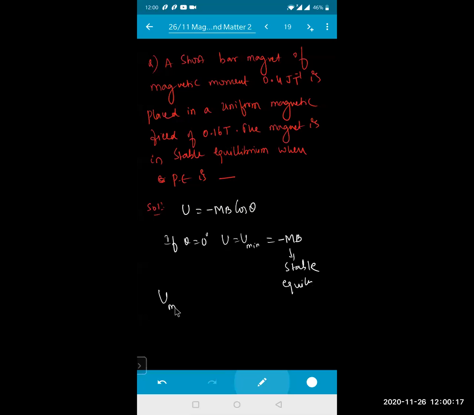So U minimum is minus 0.4 into 0.16, which is minus 0.064 joules. Is that clear?